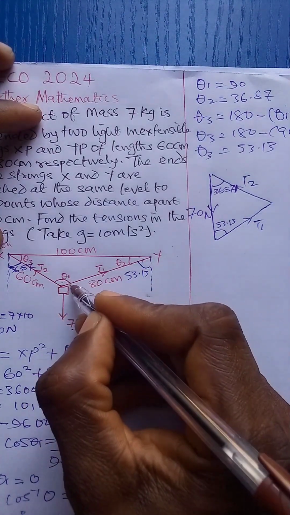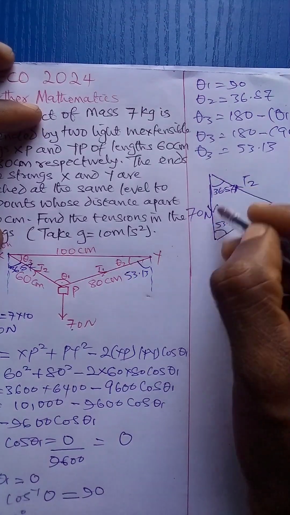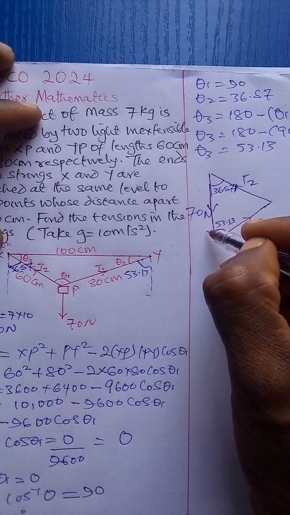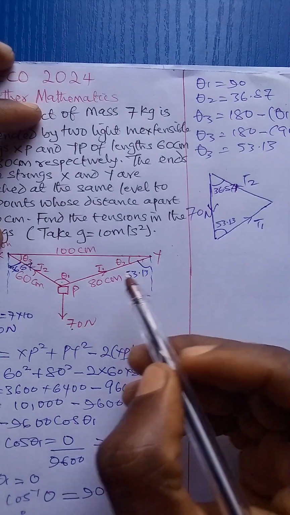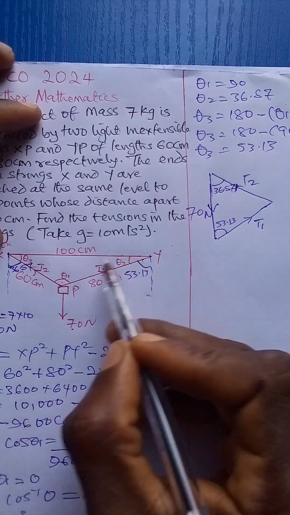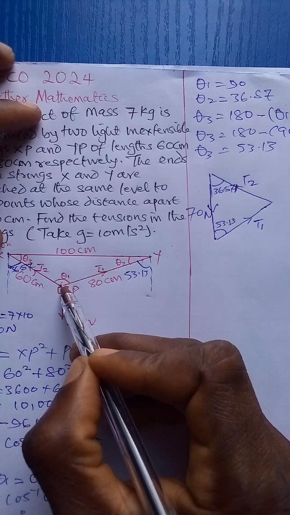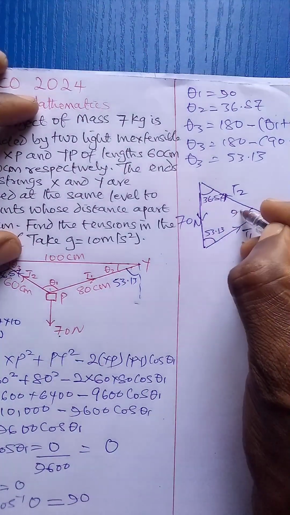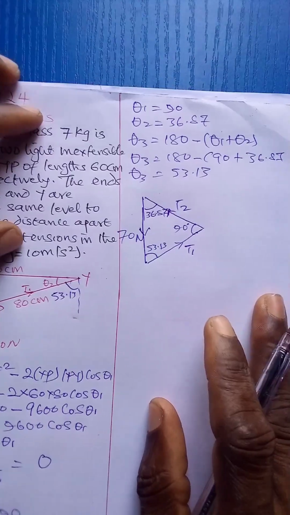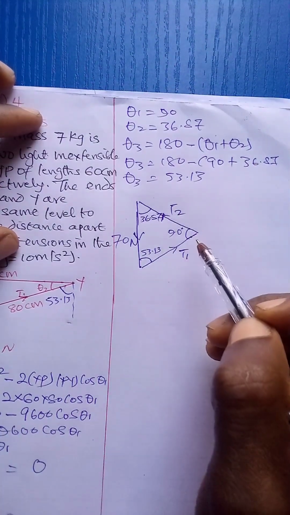We know that this is theta 1, and theta 1 is opposite to the largest force. How do we know that the largest force is the 70 Newton force? Because the angle opposite to it is the largest angle. Now here becomes our 90 degrees, and so our triangle is complete.